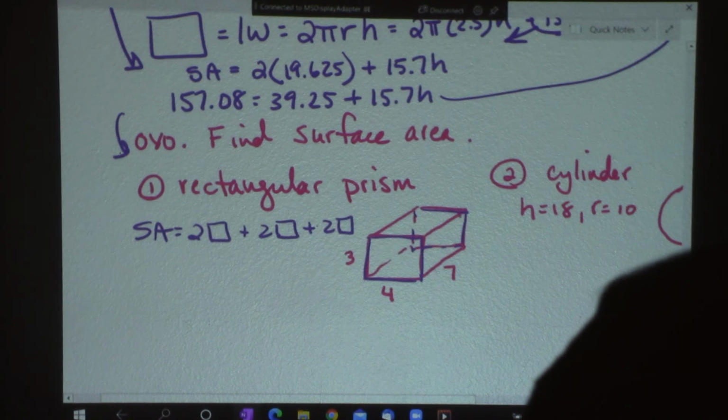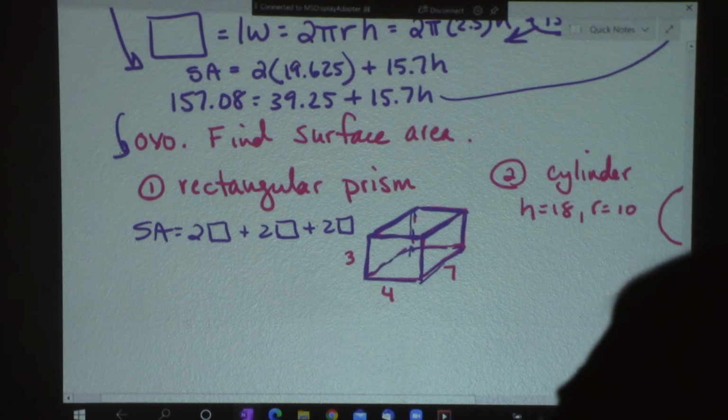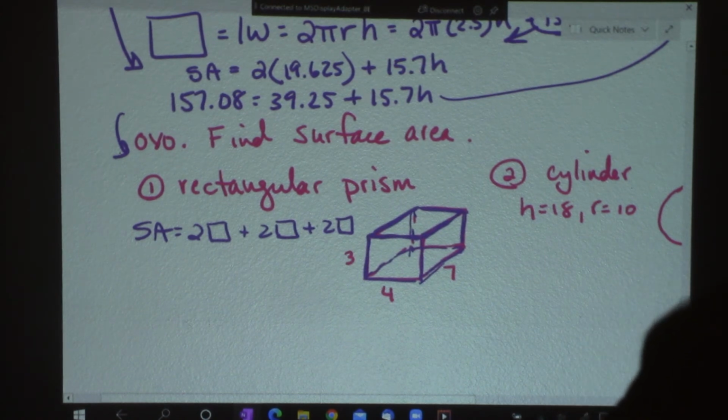And then this rectangle here is the same as the one across from it over there. And then the one on top is the same as the one on the bottom. So my surface area is going to be 3 sets of 2 sides that are the same. I have 6 sides.